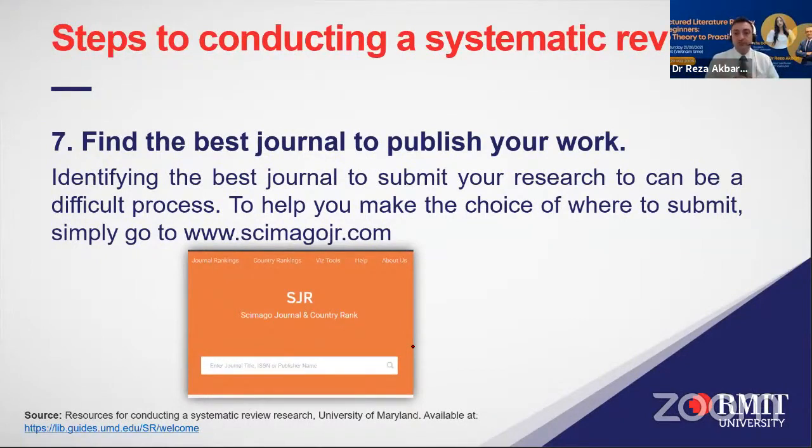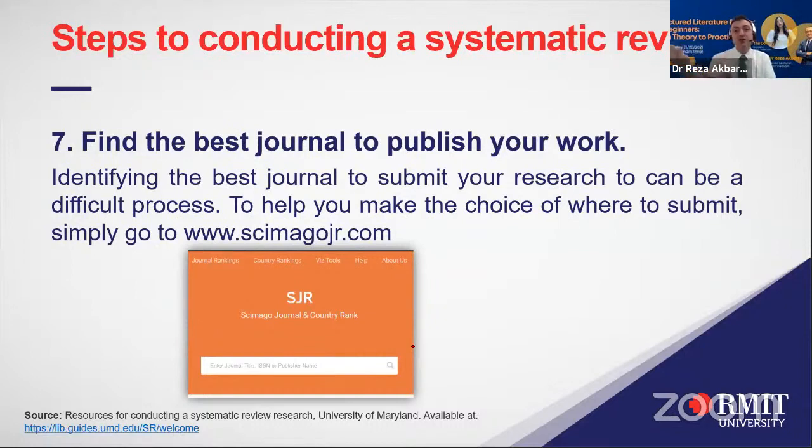Go there and try to search for journals related to the topic. For example, I'm talking about supply chain. I search supply chain there, and it gives me a list of supply chain journals. I go to the website and look at the publications they have, to see whether they publish this kind of paper or not. And if they do, the best way is to get some similar papers that they already published.